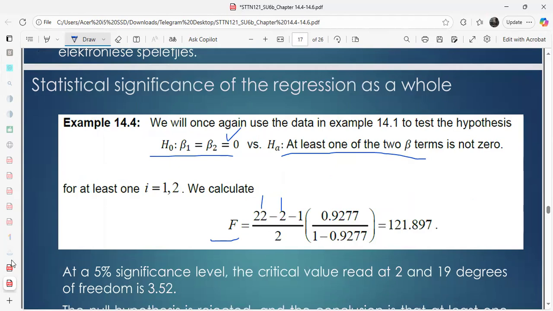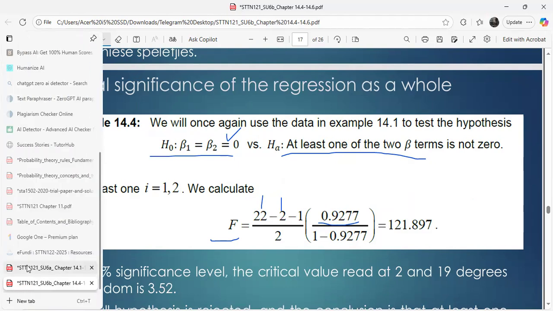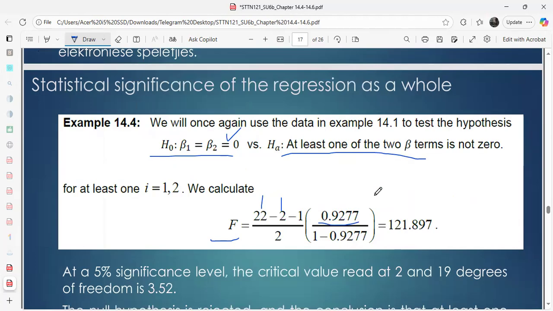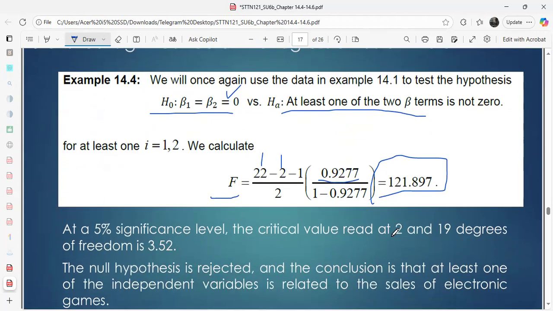Then divide by the 2 according to the formula, into the R squared that you were given, then divide by 1 minus R squared here. And then you get the test statistic of 121.897.